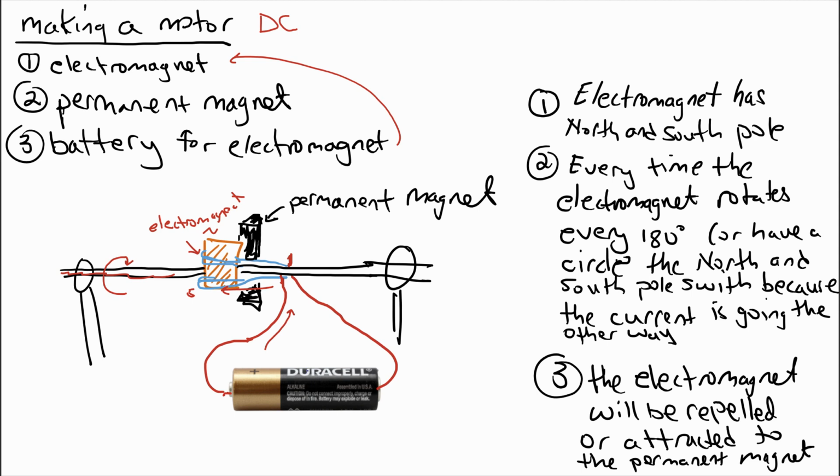And so that's how this rotation is happening. Every time it goes 180 degrees, the north and south switch, and so it pushes the electromagnet away, and then it goes 180 degrees and the north and south switch, and then it pushes the electromagnet away, and so it just keeps rotating and rotating.